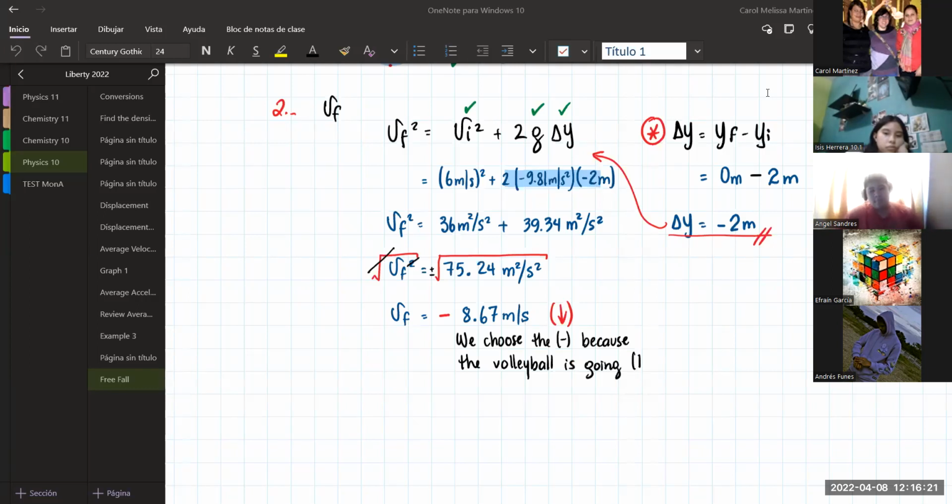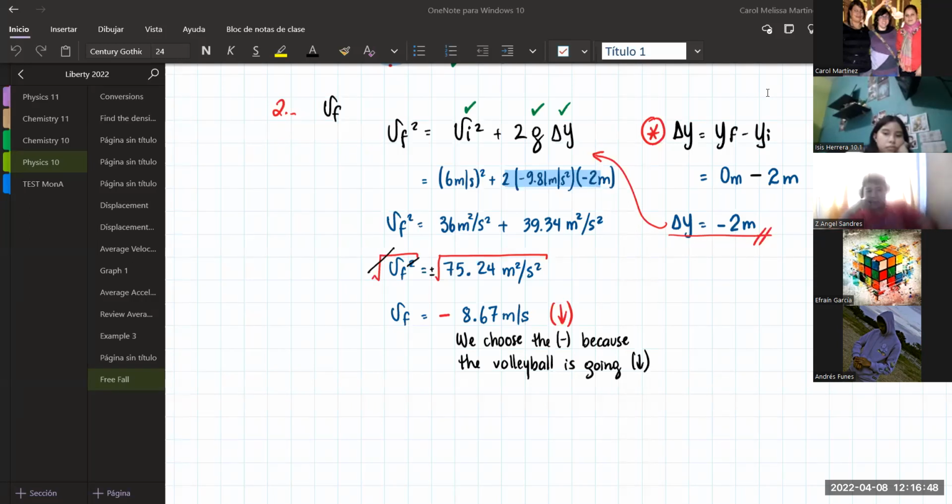So in this part you need to be very careful, because if you forget, your time is going to be negative, and you know that time cannot be negative. The topic is very easy, but still, just remember, if the object is going down, it's going to have a negative sign.